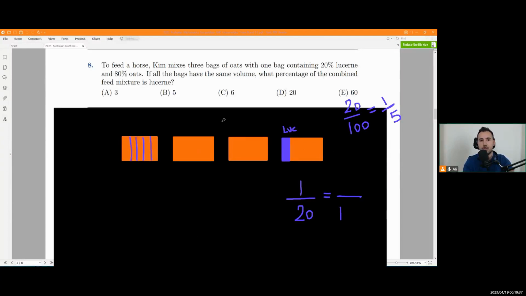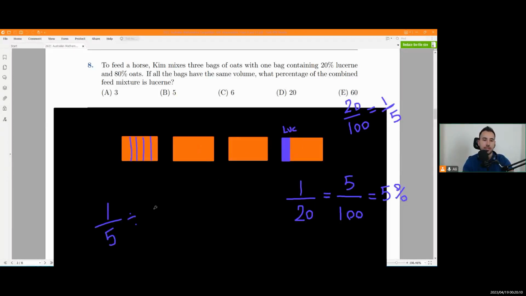So if we want the percentage, this has to be 100, it will be 5, it will be 5%. So another way over here would be 1/5, which was the number we started with, of one of the boxes is that lustrine thing.